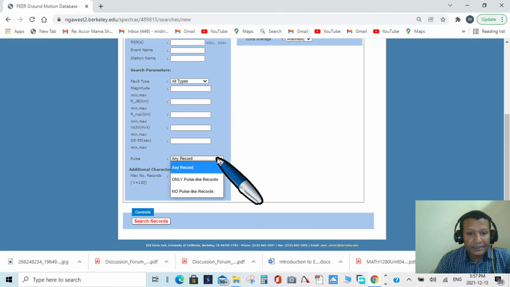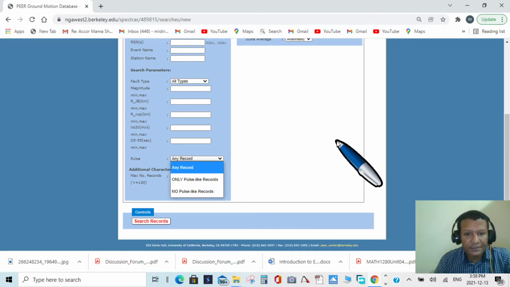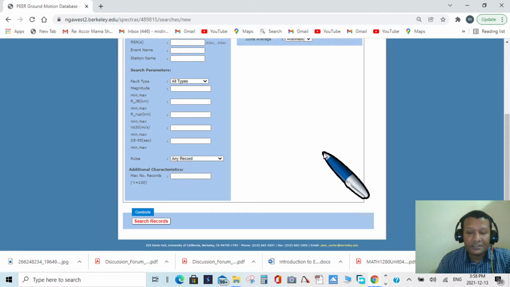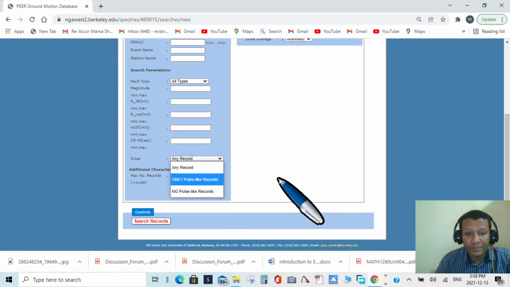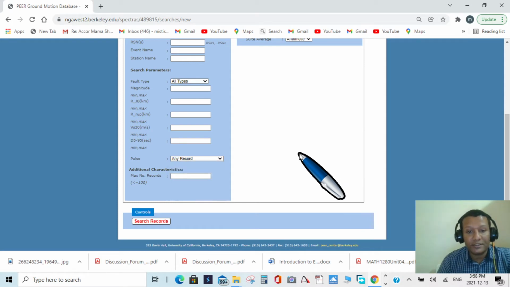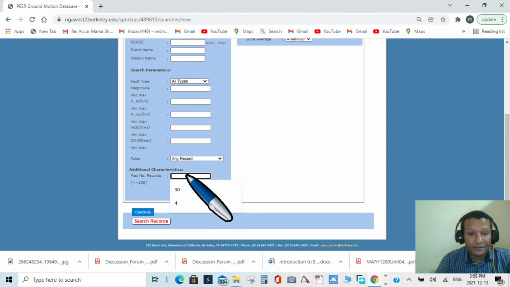And this is a pulse-like record. Pulse-like means that if the earthquake is within about 10 kilometers, very near, it is pulse-like. So if you have pulse-like, we can select it, or if it is not, no pulse-like. Then this will be the maximum number of records we need.